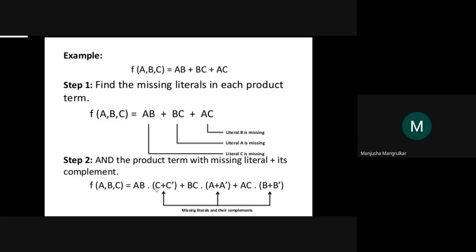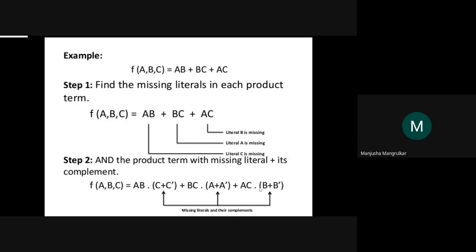So the missing complement literals we have to add here, right? A and B and C or C complement, plus BC times A or A complement. This term A is missing, and A or A complement is equal to 1, so we are adding 1 there.